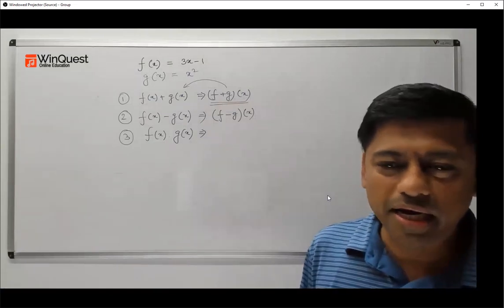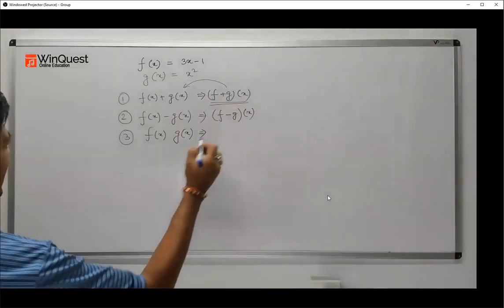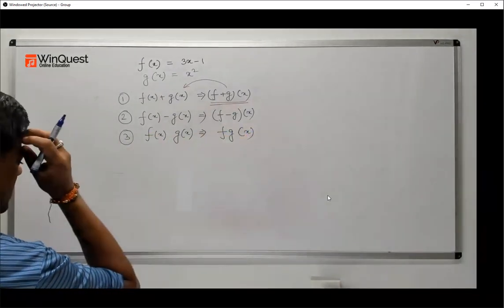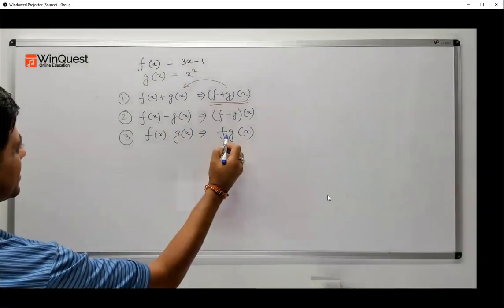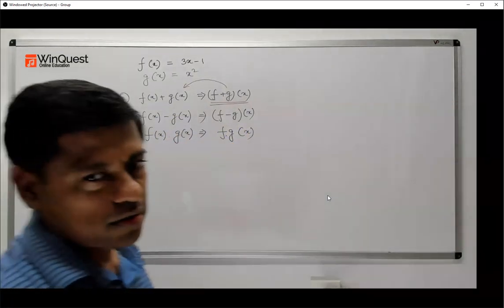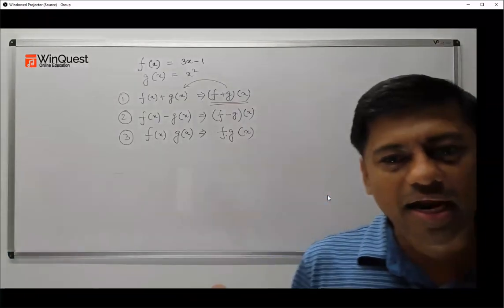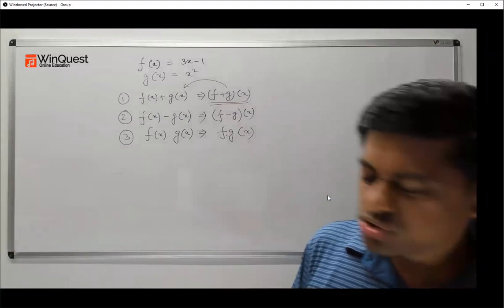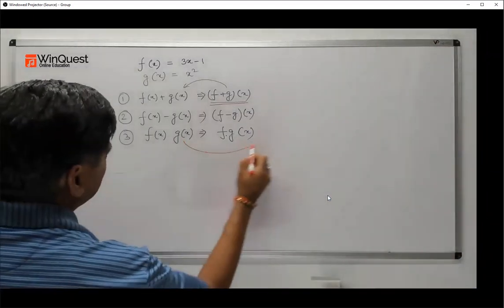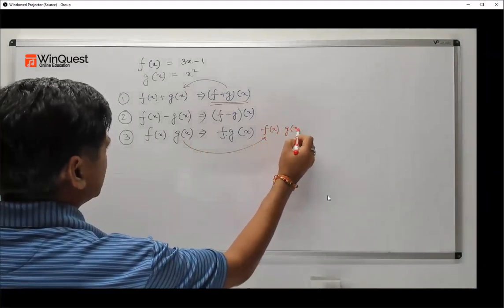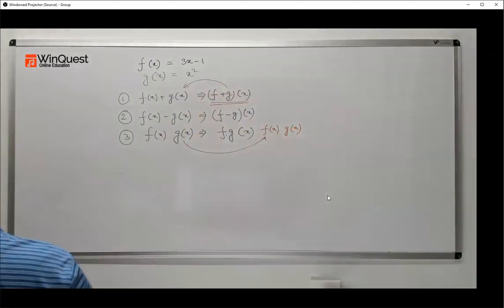Some people write it as fg(x), but this is not the right notation. Some people think they can write it like this, but that is not the right representation. Ideally, you should simply write this as f(x) multiplied by g(x) only, because this cannot have a short form like this.